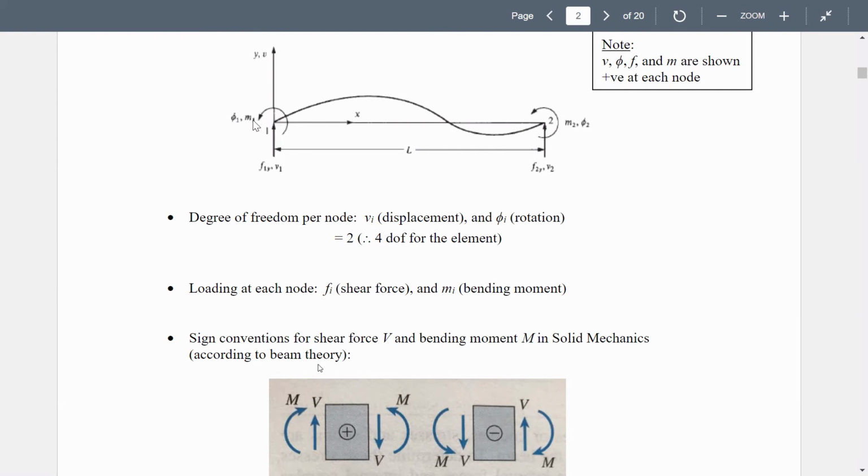Well, it is not positive. Tell me why it's not positive. Look at this one. This is counterclockwise. If you look at this one, this is clockwise. This is counterclockwise. It matches with counterclockwise here. So this one in finite element methods matches with this one, negative, in solid mechanics.